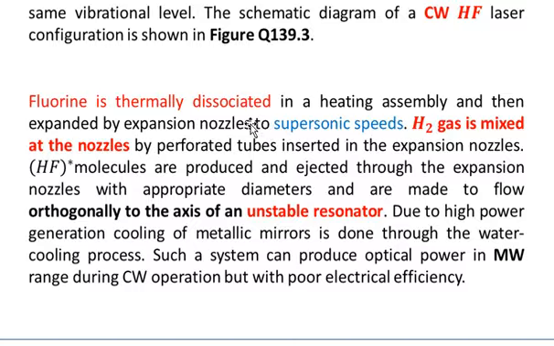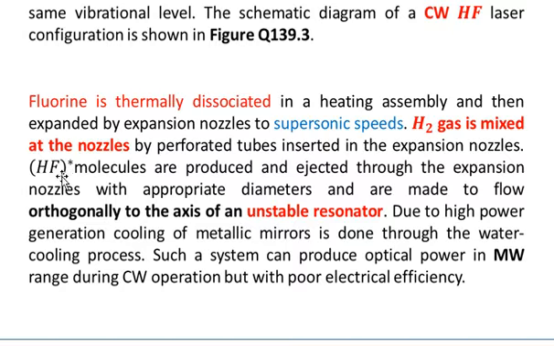Fluorine is thermally dissociated. That is, through the heating process, fluorine is thermally dissociated in a heating assembly and then expanded by expansion nozzles to supersonic speeds. H2 gas is mixed at the nozzles by perforated tubes inserted in the expansion nozzles.